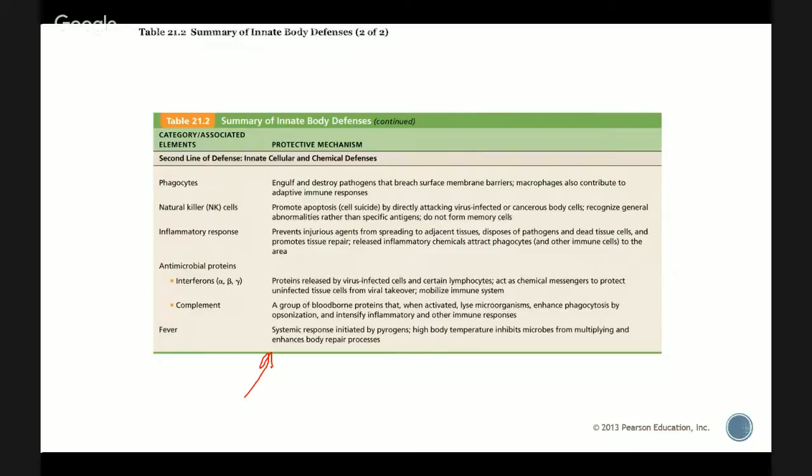Our body's cells don't like it. It denatures proteins. It's hard on the cells. It's hard on the body, but it's also hard on the pathogens. So fever is the body's natural way of trying to stem the proliferation of a certain pathogen. So it's trying to keep the body's infectious process from advancing.